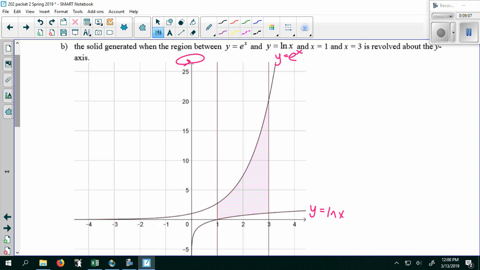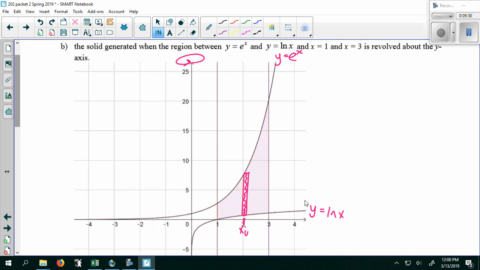We want to use the cylindrical shells method, which means I need to draw a representative slice within my region that is parallel to the axis of revolution. So I'm going to draw a representative slice right here. Little tiny rectangle within my region at a random location that I have chosen, x sub i.